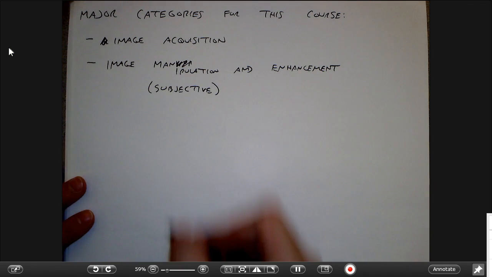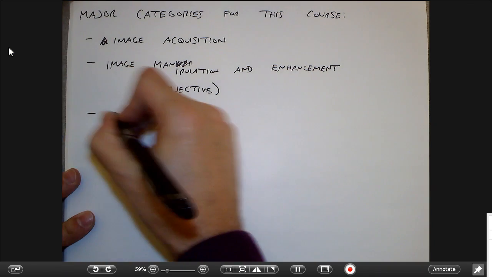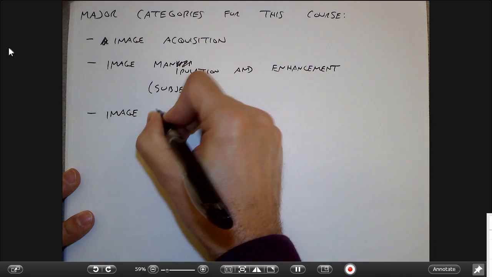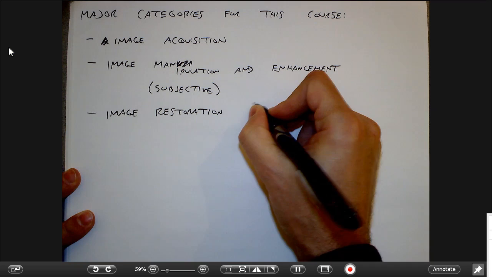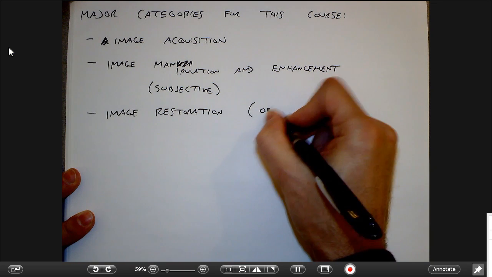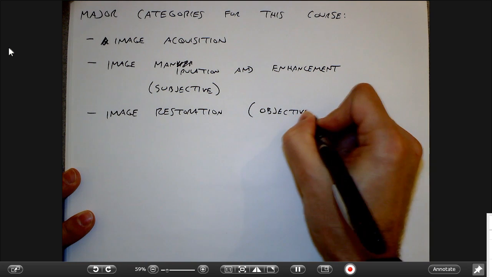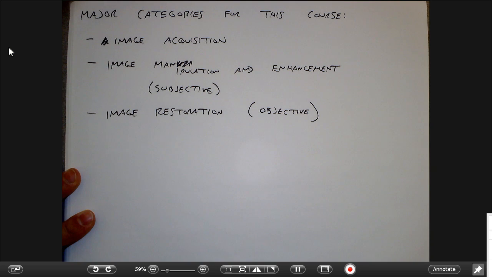Then I would say there's what I would call image restoration, which is a little bit more specific and a little bit more objective than just enhancing it, right? So for example, if you know that the image has been blurred, and if you have an estimate for how the image was blurred, right? So for example, if I'm taking an image of a street scene and my hands are shaking, right?